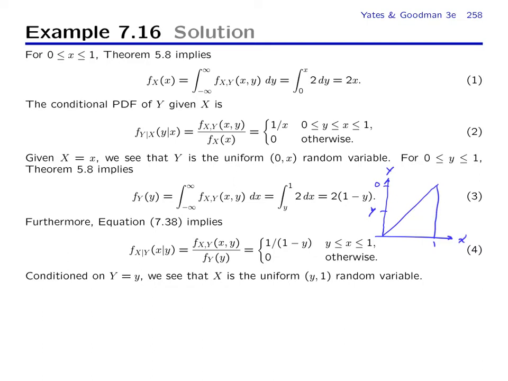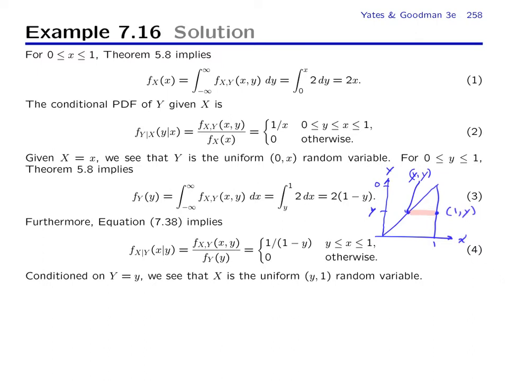They run from this corner point here, which in terms of y is y comma y, because this is the line where x equals y, across to the other corner point where x is equal to 1 and y is still y.